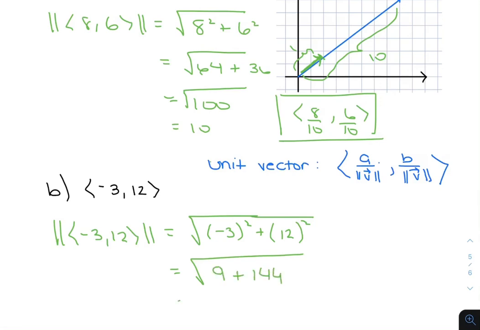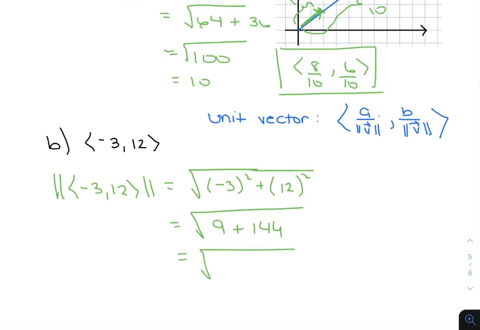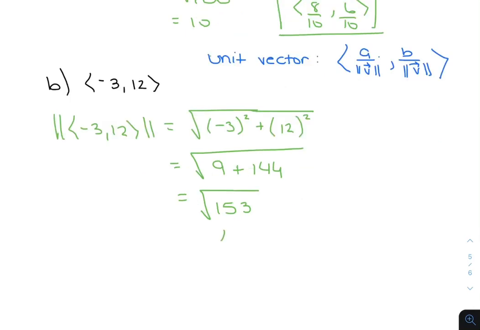So this is the square root of 9 plus 144, which is 153. We can simplify the square root of 153 into the square root of 9 times the square root of 17, so this is 3 square root of 17.